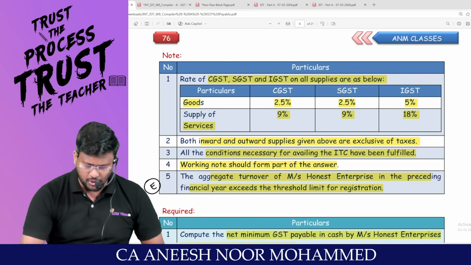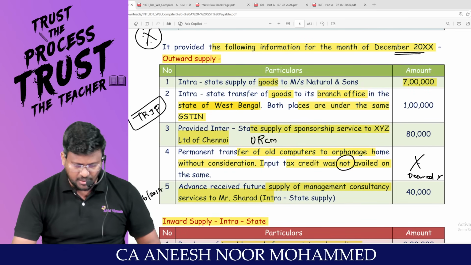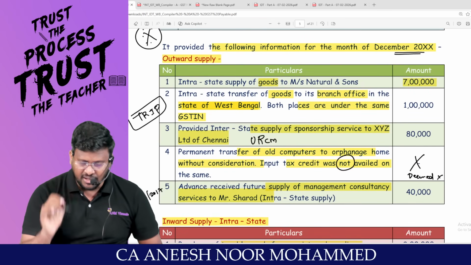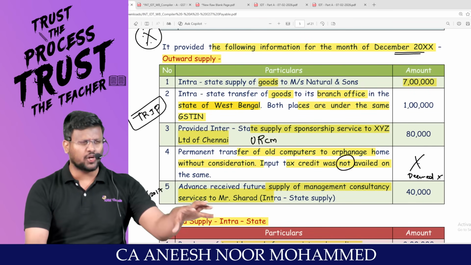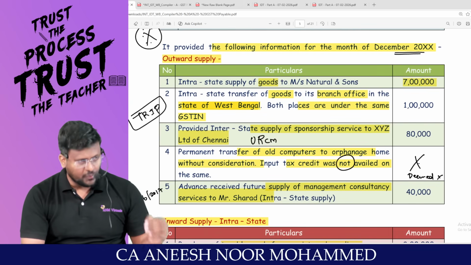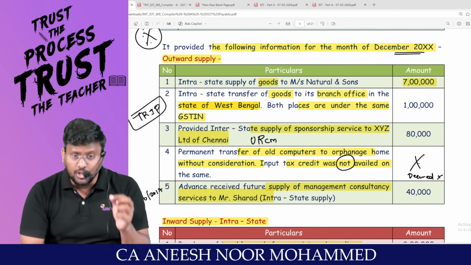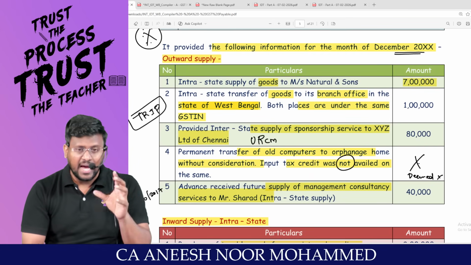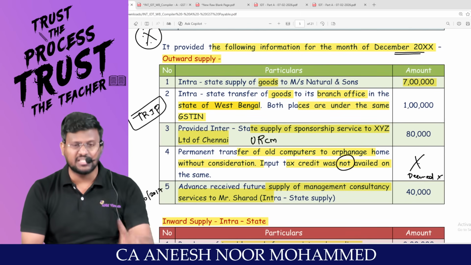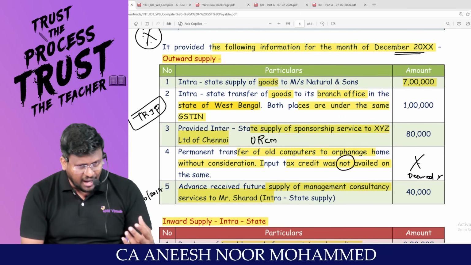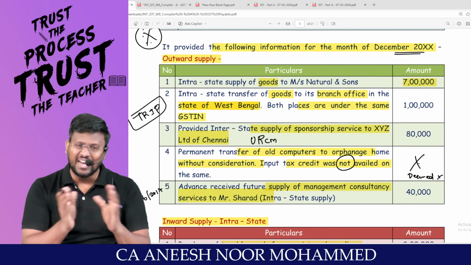Number 2, my dear lovable students, the second outward supply is intra-state transfer of goods to its own branch office. Head office is situated in West Bengal. Even the branch office is also situated in West Bengal. Since both places are situated in the same state and both have the same GSTIN, they are the principal place of business and additional place of business.